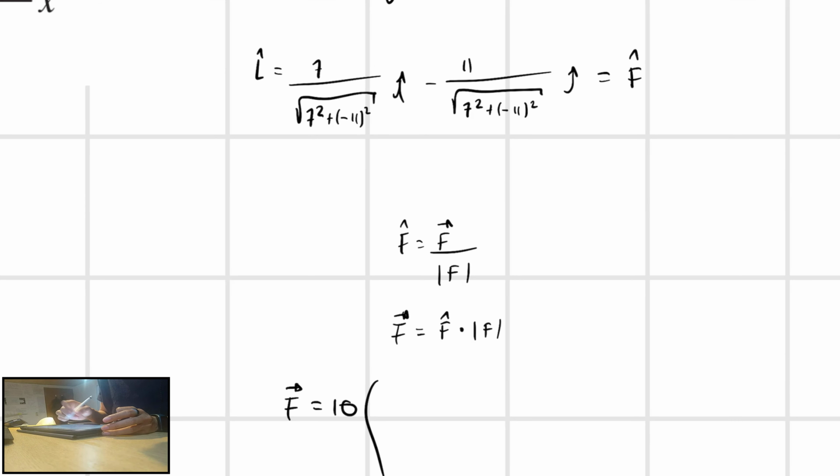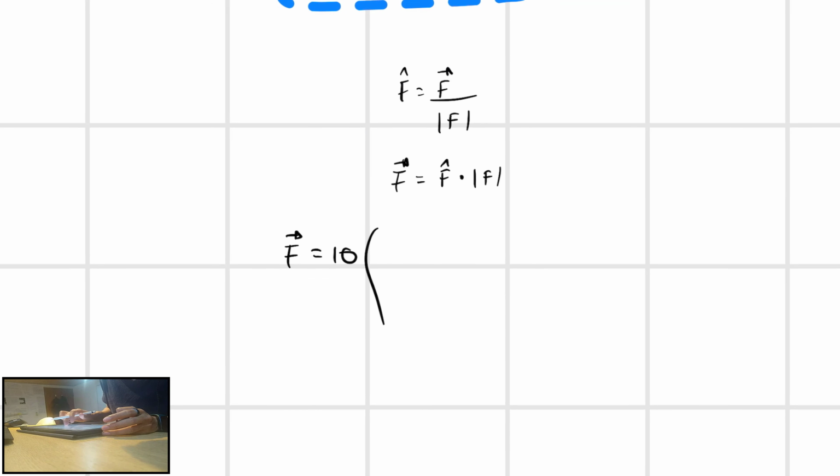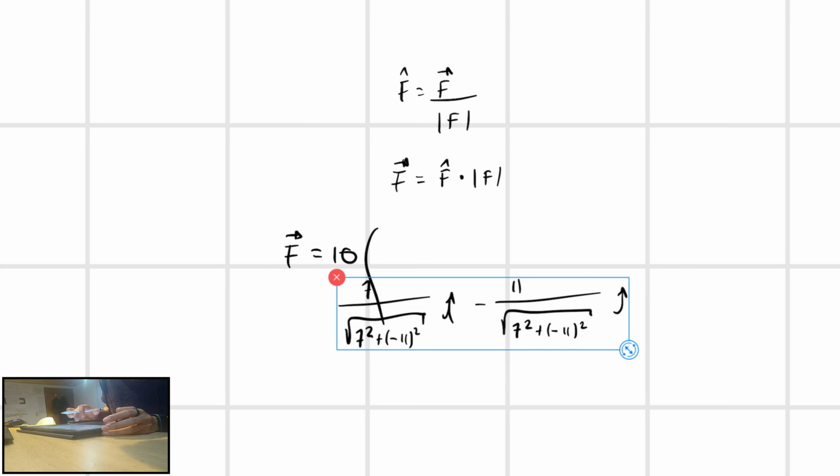That means that the vector F is going to be equal to 10, the magnitude, multiplied by the same thing. Copy, paste.